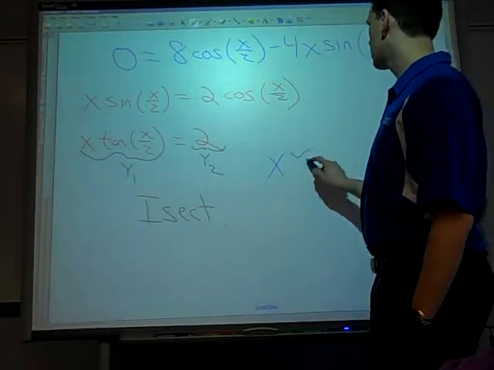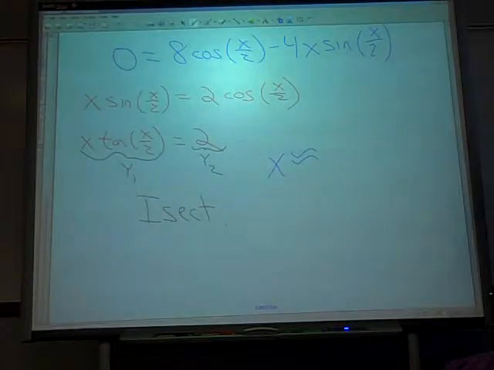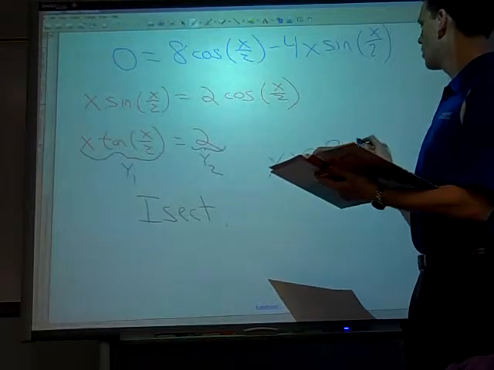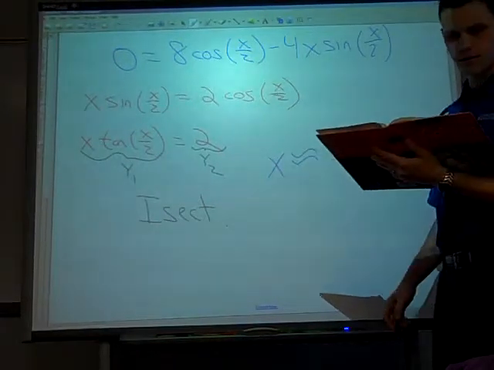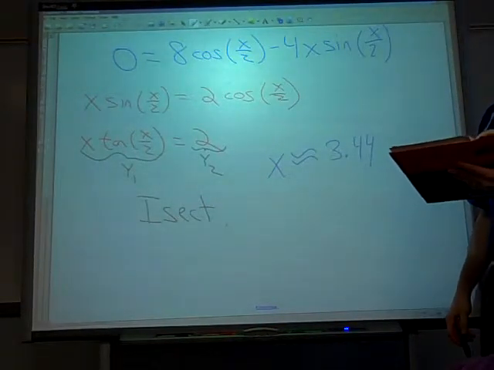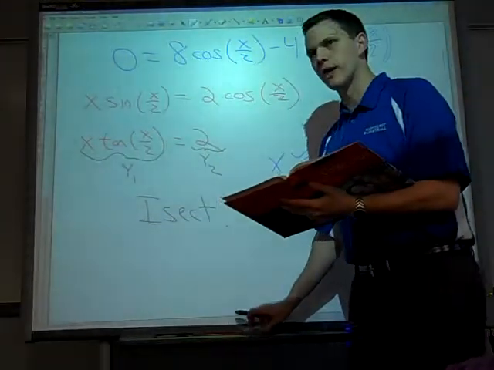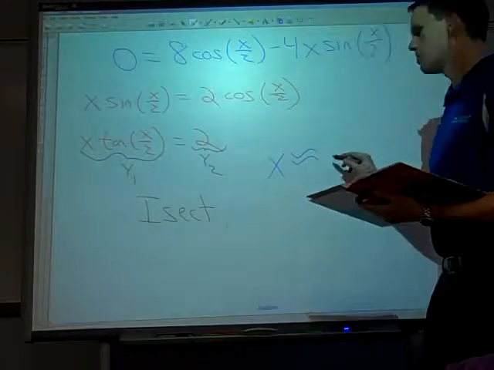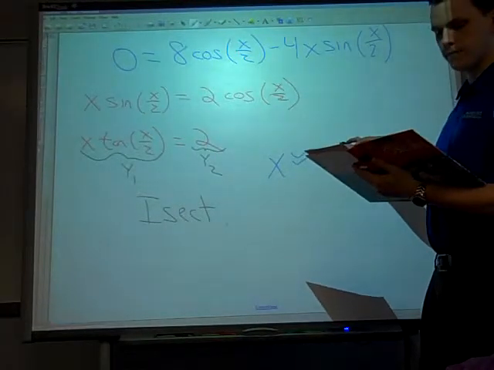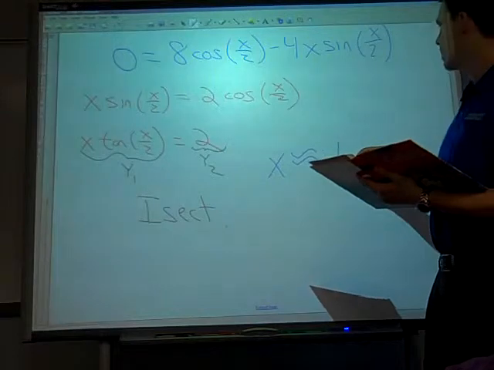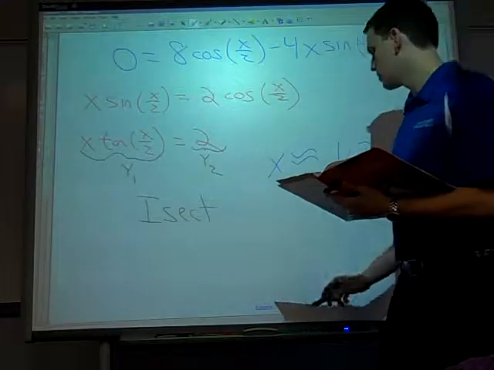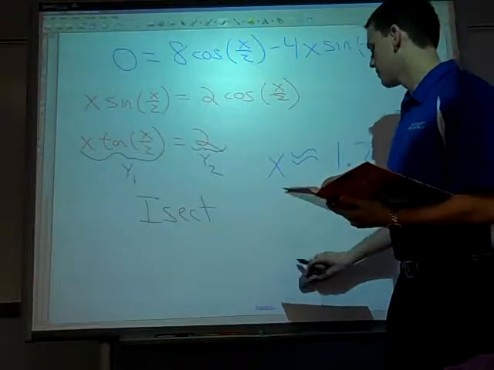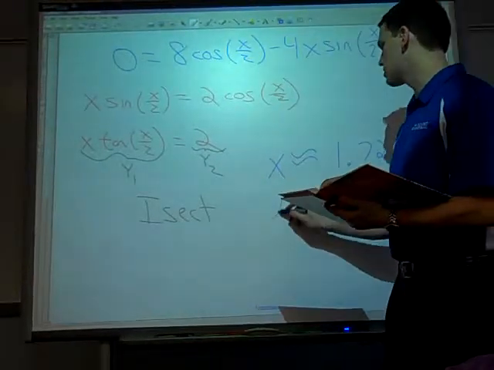So x, after using isect, hopefully we get x is approximately 3.44. No, wait, that's going to be wrong. X would be half of that. X should be about 1 point what? Yeah, 1.72, which means your height. Our length was our length across.